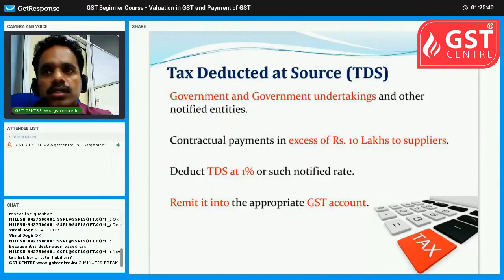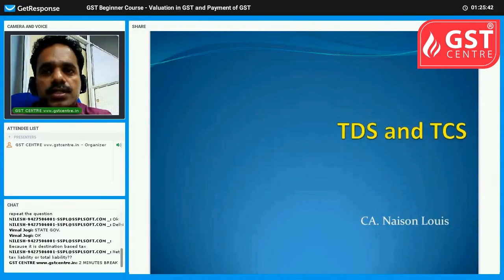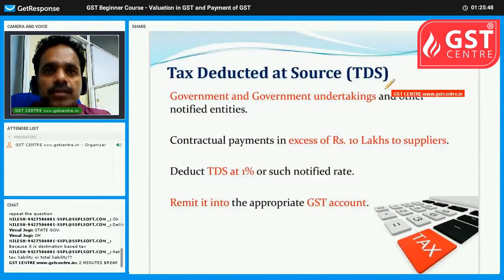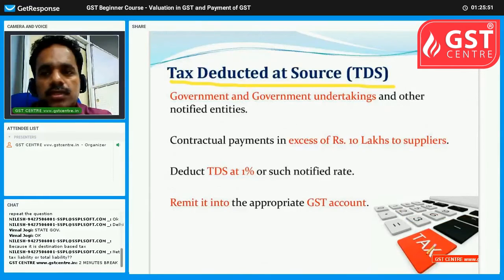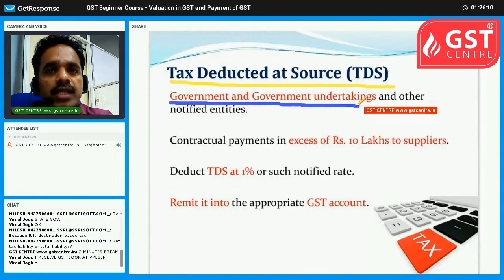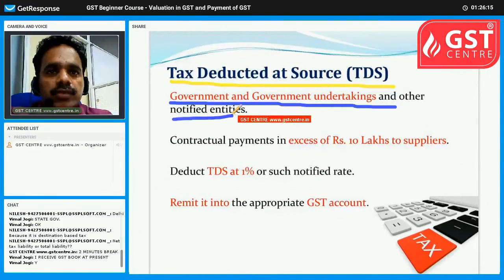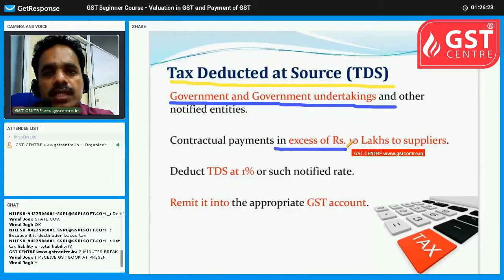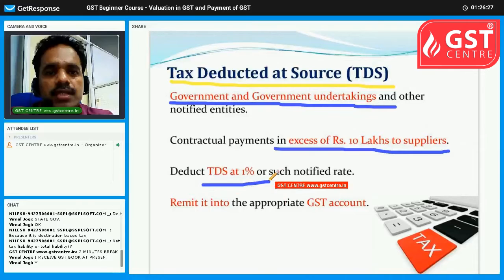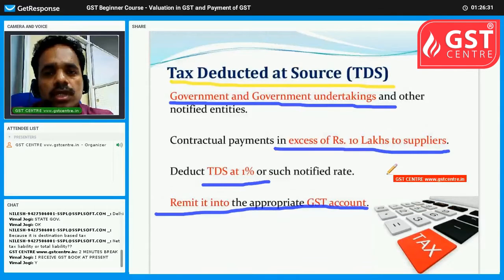Let us take the next chapter, that is TDS and TCS, and to whom the provisions are applicable. Tax deducted at source, that is TDS. Government and government undertakings are notified in the case of TDS, and in the case of payments exceeding rupees 10 lakhs to suppliers, they have to deduct TDS at 1% and remit that TDS to the GST account.